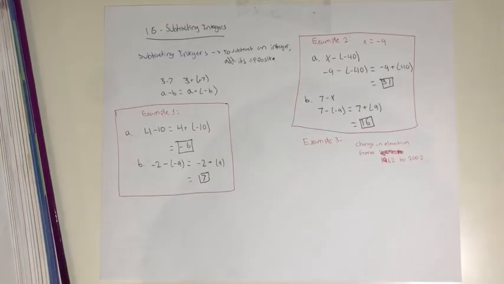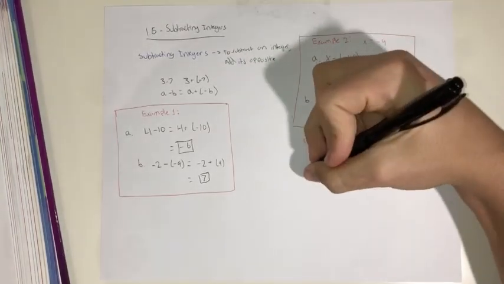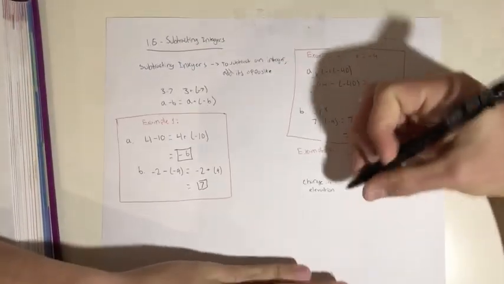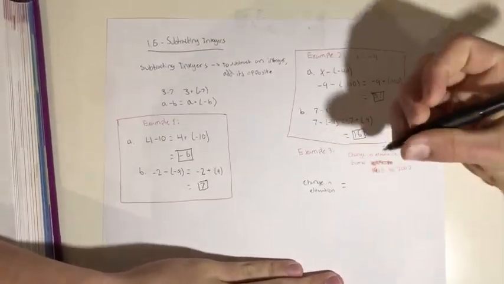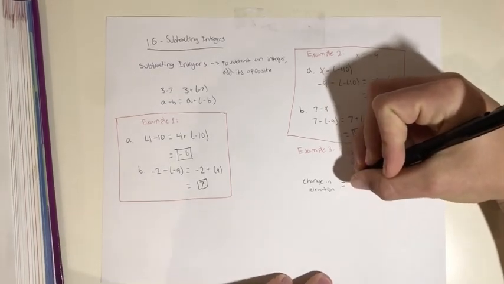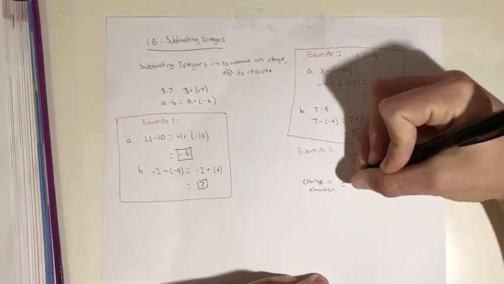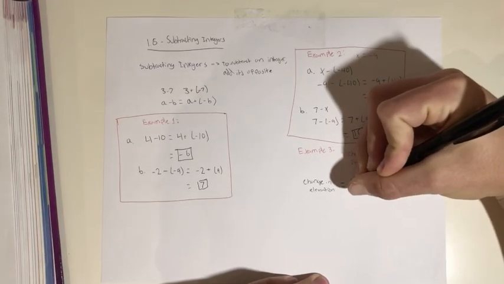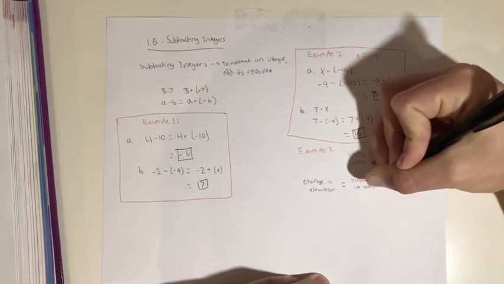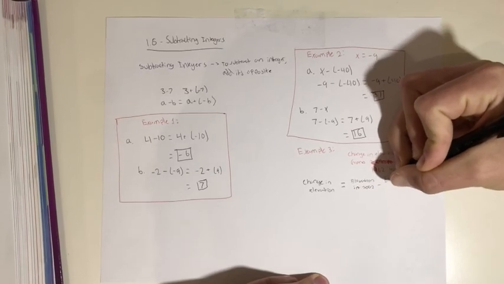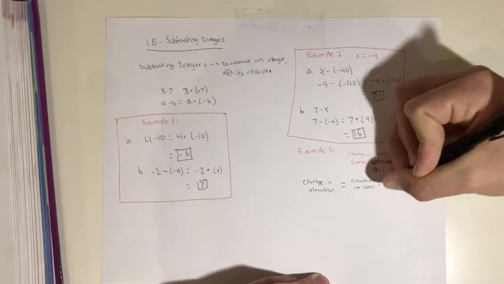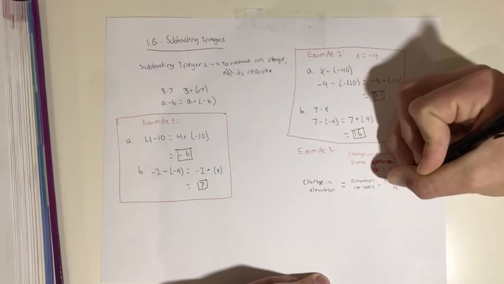So we developed the equation: change in elevation is elevation in 2002 minus elevation in 1962.